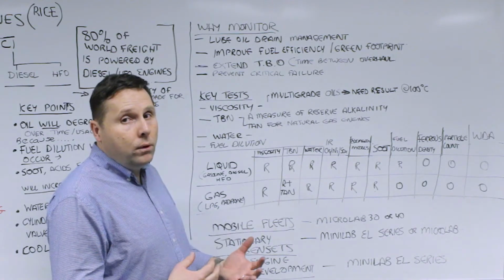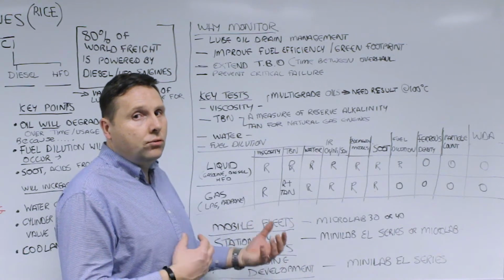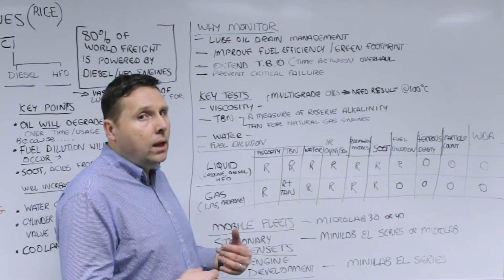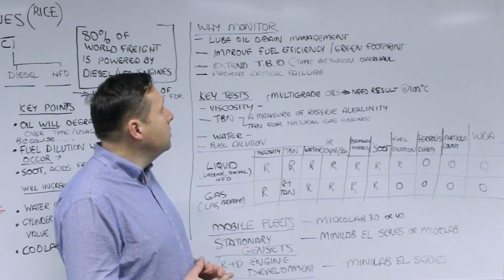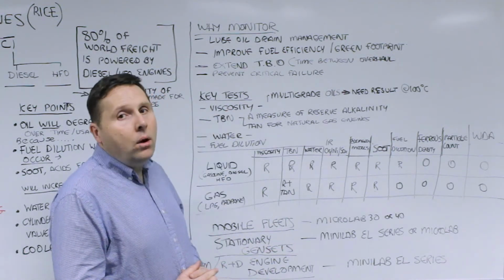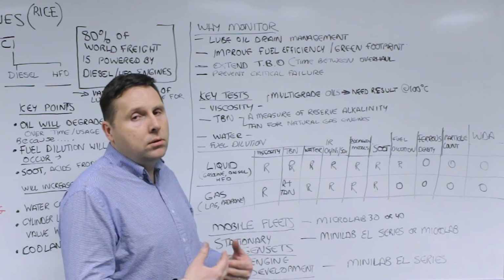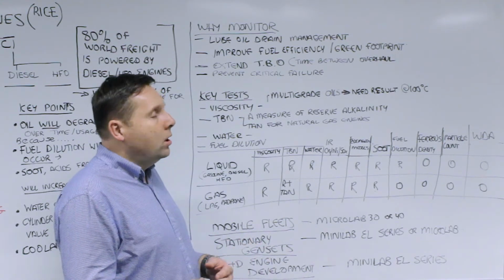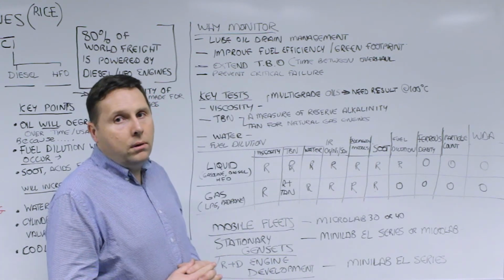We want to improve fuel efficiency and improve the green footprint on engines. If the engine is running well, it'll burn less fuel, it'll have less sooty deposits and fewer exhaust issues. We want to extend the TBO, or the time between overhaul. That's a metric for engine rebuilders and engine mechanics to manage. You want to push that out as long as possible. And of course, you also want to prevent critical failure.